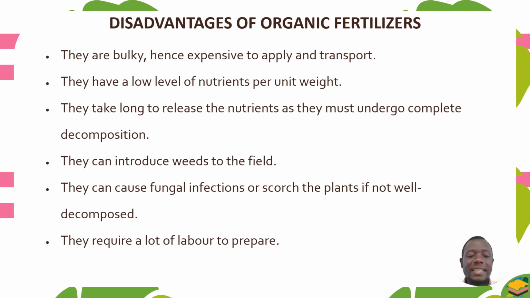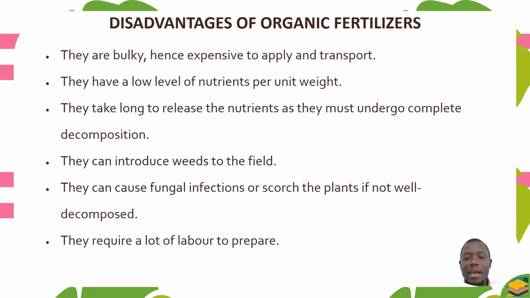Let's look at disadvantages of organic fertilizers. So they are bulky. And they are expensive to apply and transport. Okay, so they are very difficult to apply as well as to transport because they are bulky. They have got a low level of nutrients per unit weight.